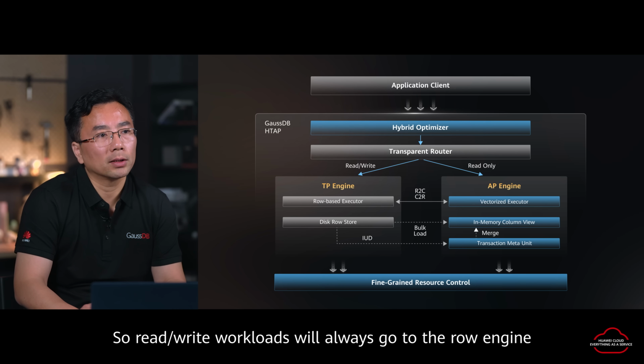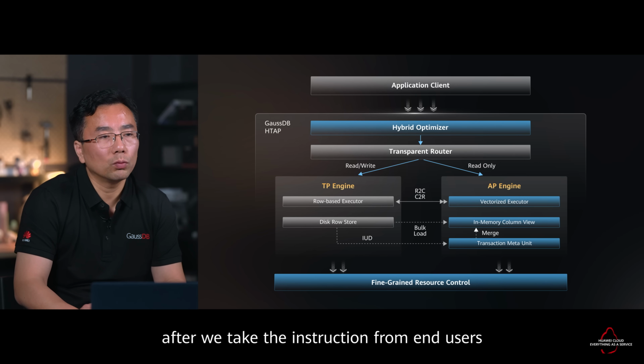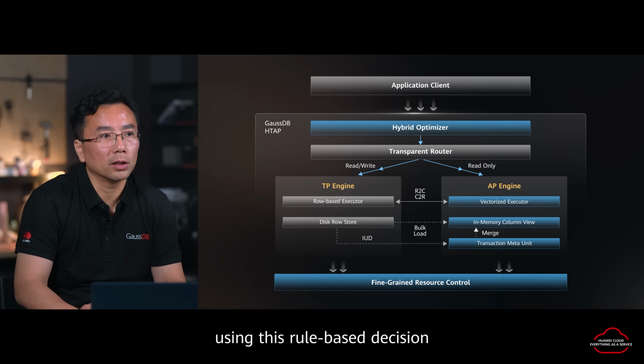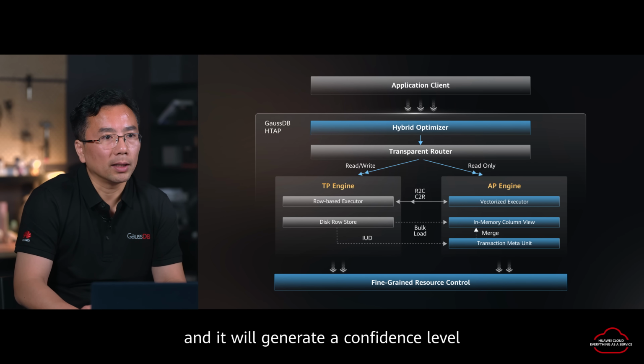So read-write type of workload will always go to the row engine. But if it's a read-only workload, after we take the instruction from the end user and use this rule-based decision, we have the AI-based selection system. It will look at the query and generate a confidence level.